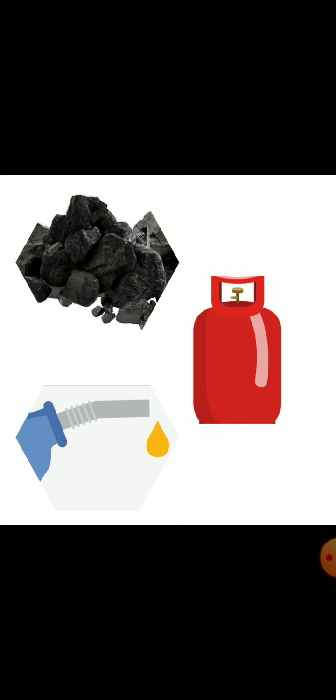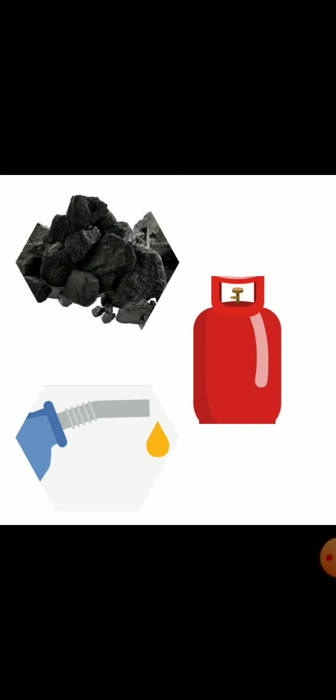Such sources that will get depleted someday are said to be exhaustible sources or non renewable sources of energy. Here, you need to note that non renewable sources are also said as exhaustible sources of energy. Right, non renewable sources of energy are the sources which cannot be used again and again. One day will come when it will be finished, it will get over.